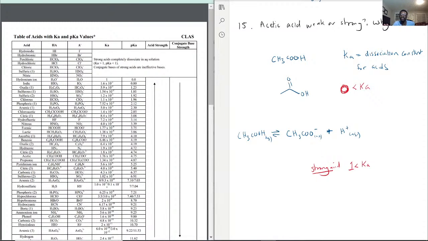No part of it wants to stay together again. A good example is when you put salt in water, unless it's fully saturated, which is a whole different issue, that means there's literally no water left for the salt, it would just dissolve completely. It will form the Na plus ions and the chloride ions as well.